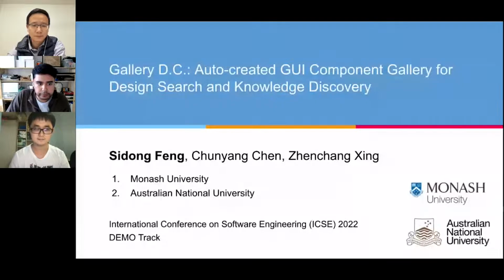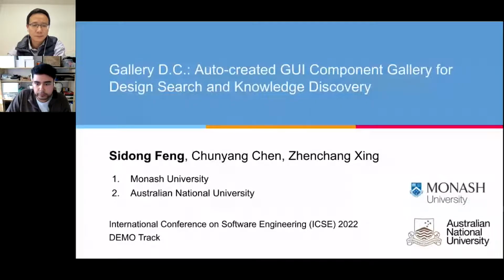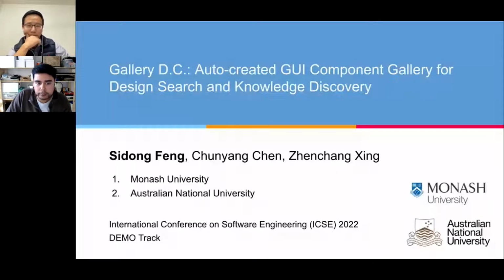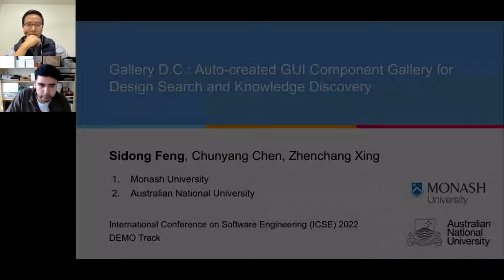My name is Sudong from Monash University. I will present our work, Gallery DC, auto-created GUI component gallery for design search and knowledge discovery. First, I would like to have a brief recap of our motivation. Graphic user interface is an essential part of software applications.